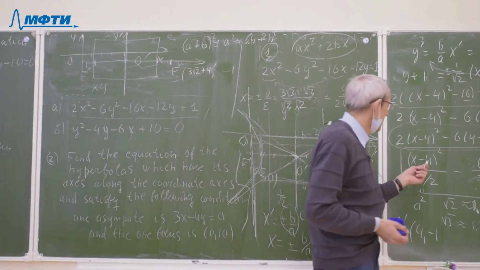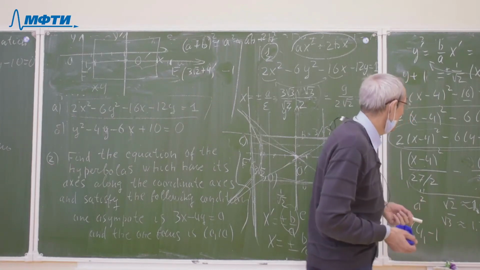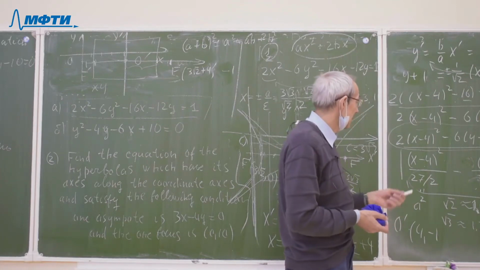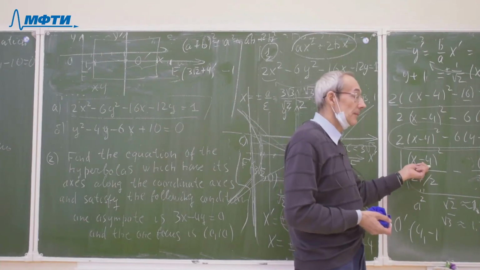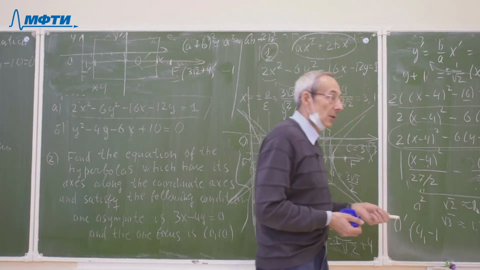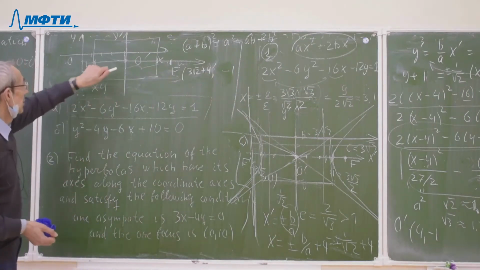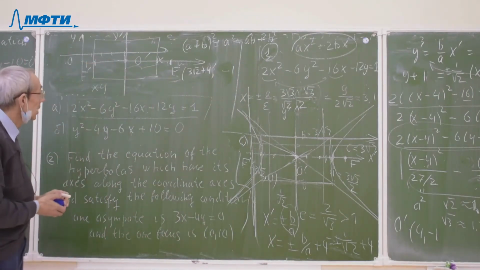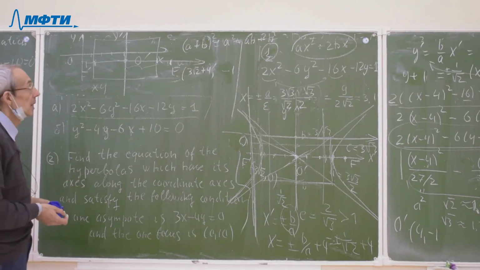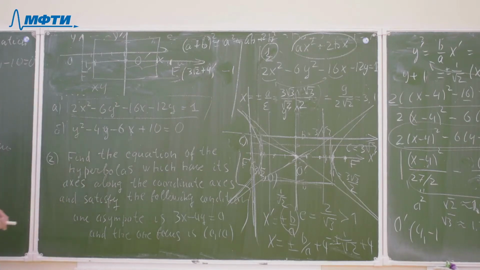But this parameter is the parameter of the shift, the coordinates of the new coordinate system, which coincides with the center of our curve. And we draw this center, and using this new coordinate system, we can draw the basis rectangle, and after that we can draw our curve using this rectangle.